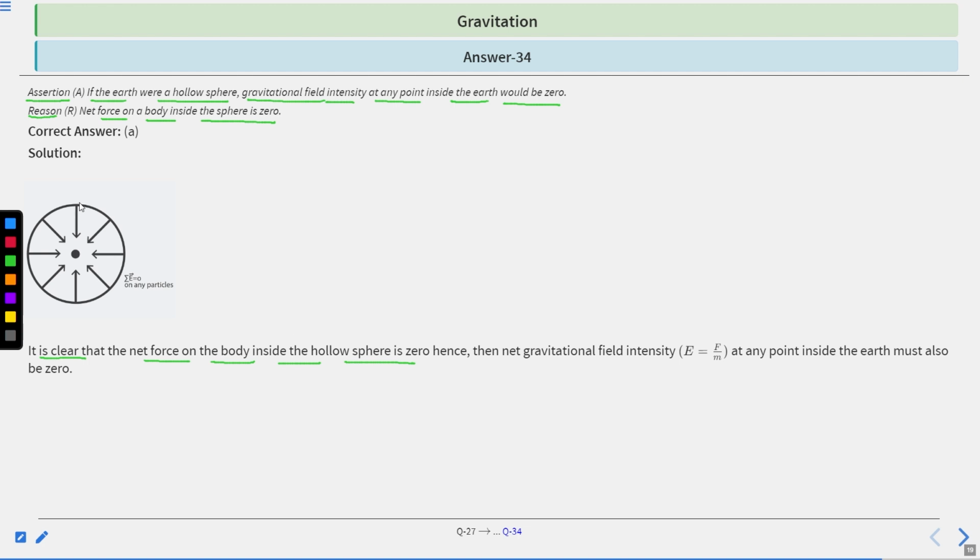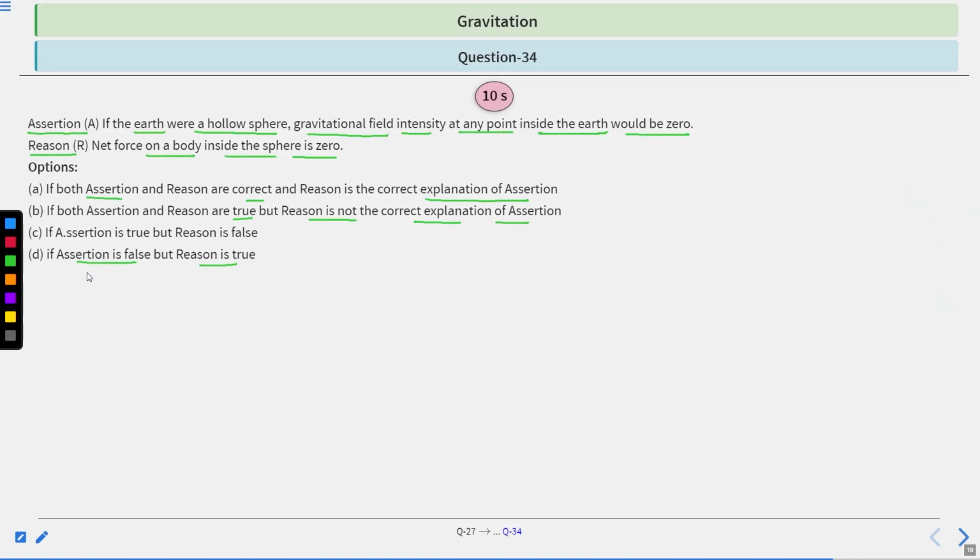When a force acts in one direction on any particle, another force balances it. Hence the net gravitational field intensity, E equal to F by m, at any point inside the Earth must also be zero. So the correct answer is A. Clear?